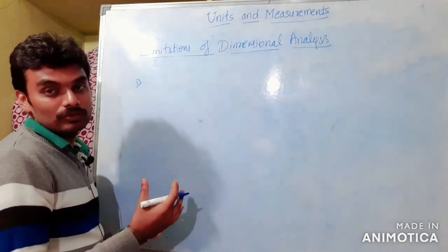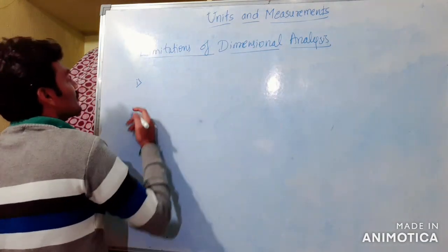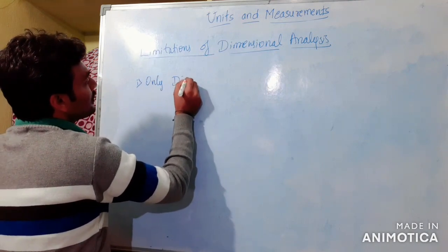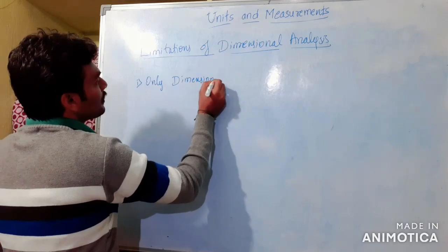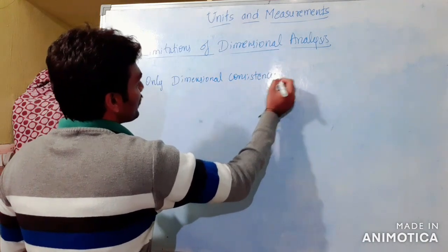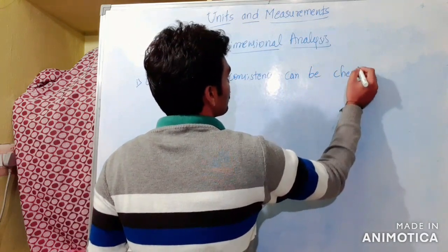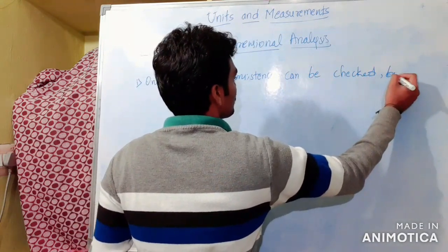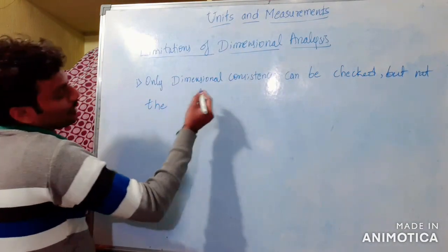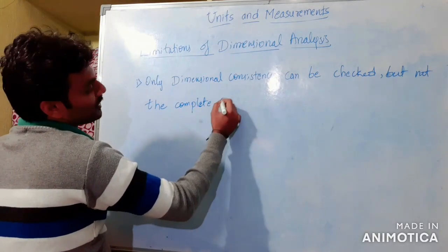What dimensional analysis can't do is discussed here as limitations. So first limitation is only dimensional consistency can be checked, but not the complete correctness.